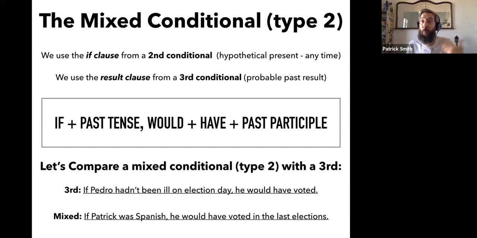If Patrick was, or if Patrick were, no problem. We can use both. He would have voted. So now it starts to look like a third conditional. There you go. So the first part looks like a second, and the second part looks like a third, if that's not confusing.